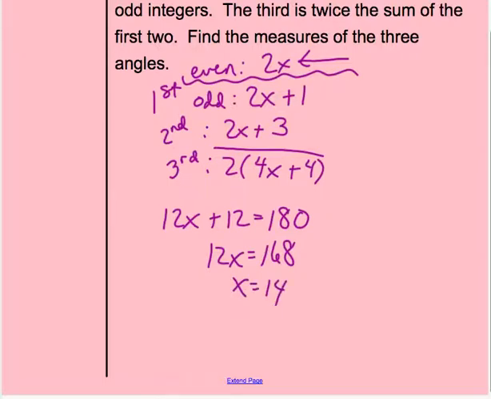X is 14, but to find the measure of the 3 angles, we go back and substitute that into each of our expressions. So 2 times 14 is 28, plus 1 is 29. 2 times 14 is 28, plus 3 is 31. So notice how 29 and 31 are consecutive odd integers. And then that third angle would be 2 times 4 times 14 plus 4, which gives us 120 degrees.